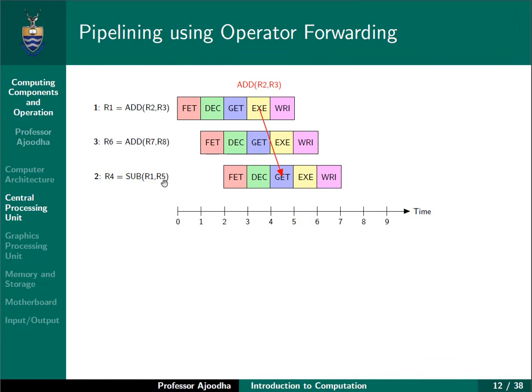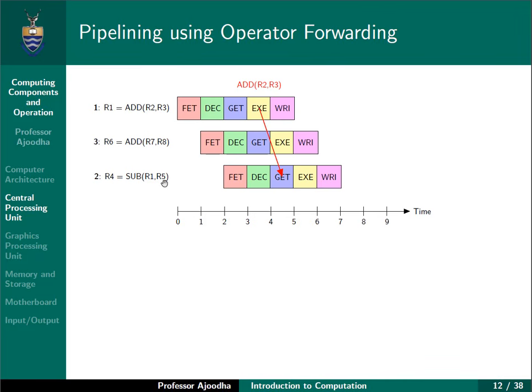And this allows us to reduce our stalls. In this case, swapping instruction 3 and instruction 2 will absorb the execution of instruction 2. And since instruction 3 is not dependent on the outcome of instruction 1, moving it forward in the sequence allows it to be processed without waiting for the completion of the preceding instruction.